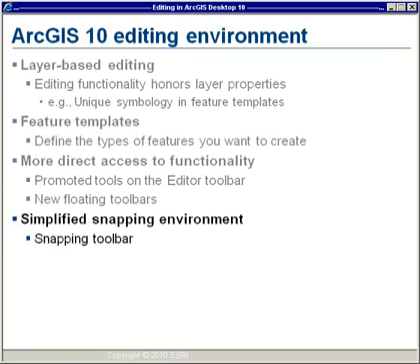Now, you can't forget about it anymore. It's available inside and outside of an edit session, and it applies to all layers in the map. This saves you a lot of time managing the snapping environment on a layer-by-layer basis. We also have a new snapping toolbar that I'm going to show you in the software demonstration.